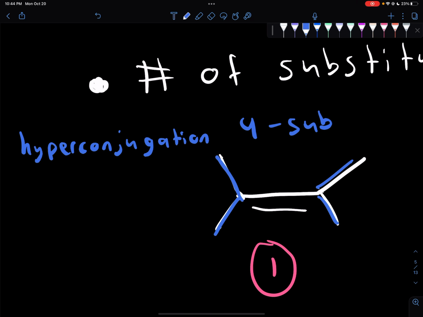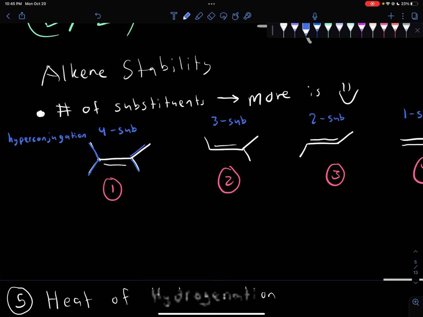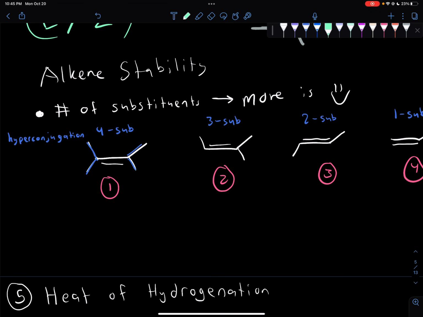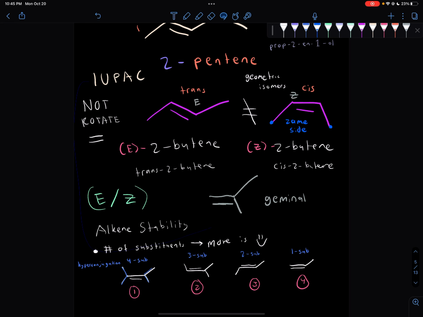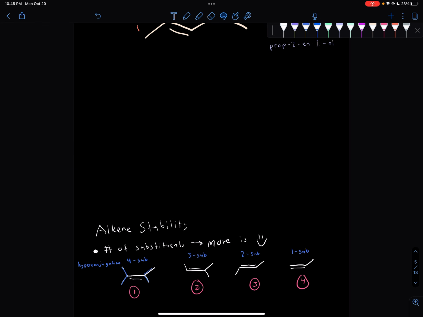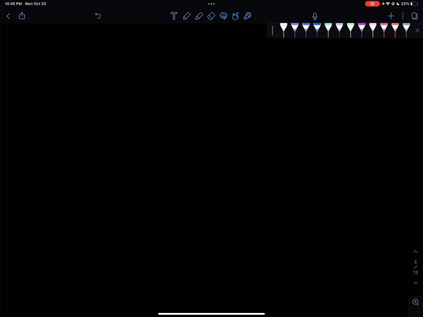I don't want to confuse anyone. Hyperconjugation has something to do with the stability of your alkenes. But the more substituents you have, the better. That's the rule of thumb. Let me get rid of this. So obviously it's not going to be that simple. They're not just going to give you 4, 3, 2, 1 and ask what's the most stable. They can do something like this.